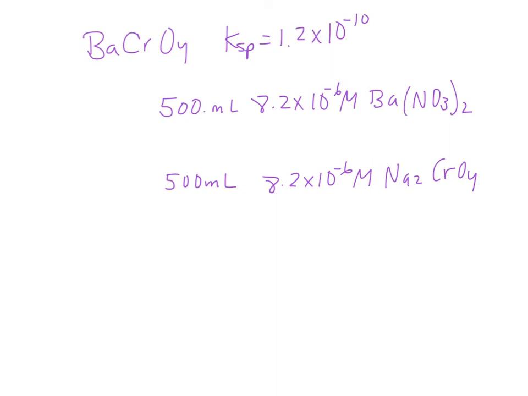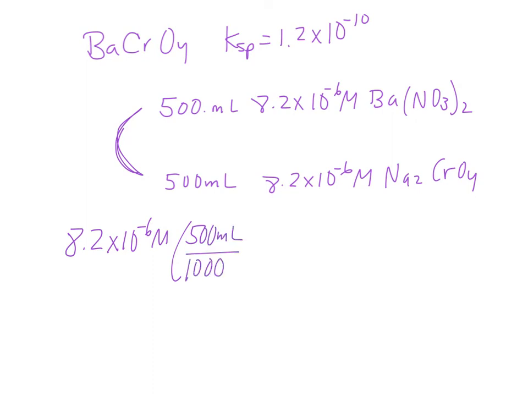So basically, these are half and half. So when I do the dilution, my 8.2 times 10 to the minus 6 molarity times 500 milliliters over my final volume of 1,000 milliliters, I just reduced my concentration in half.